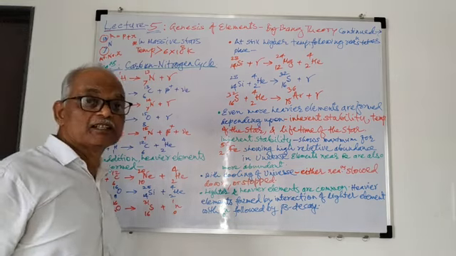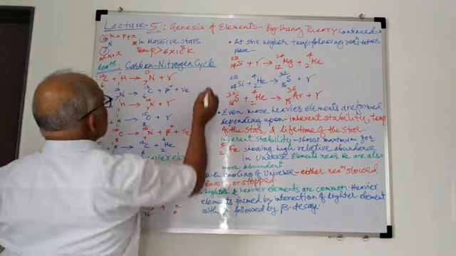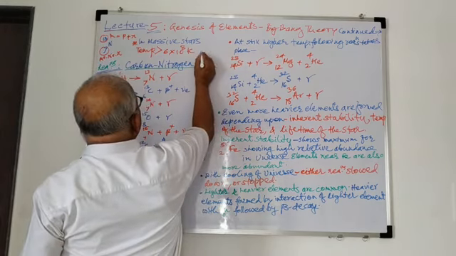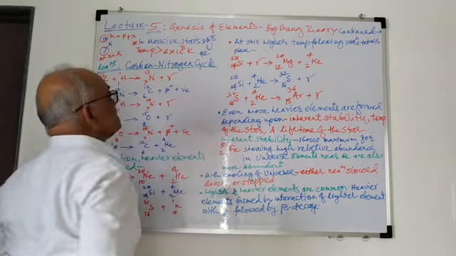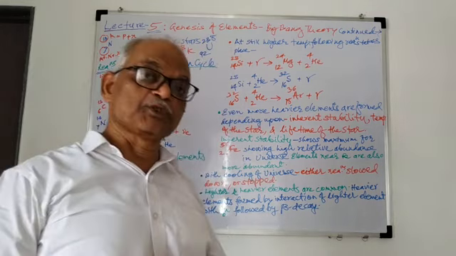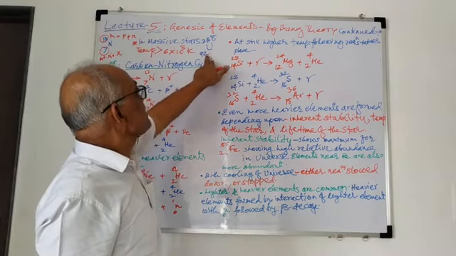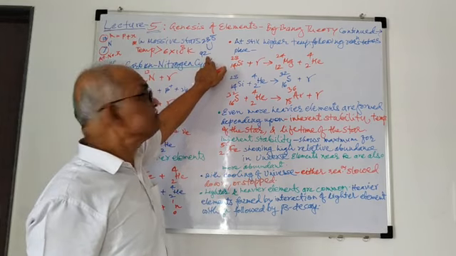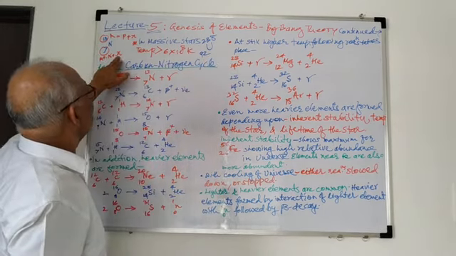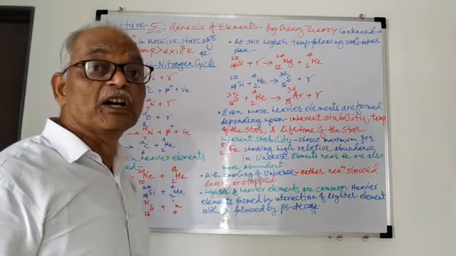Similarly, we can consider another example, uranium 238 with 92. In this nucleus, 92 is the number of protons, that is the Z value, and 238 is A, the mass number.